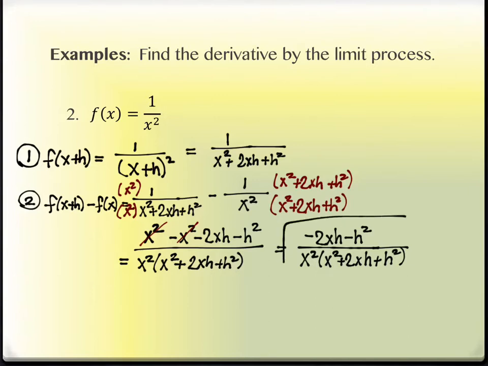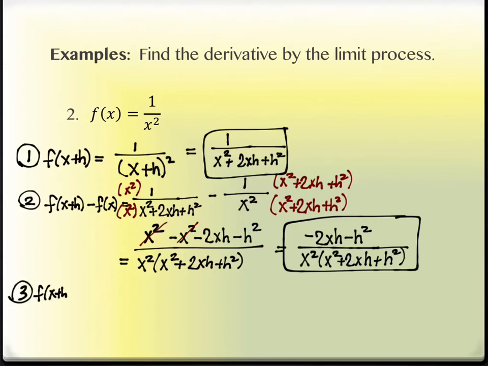So here's where we are at this point compared to here from step 1. Step 3 is to take the f of x plus h minus f of x, that is step 2, and divide it by h. So I want to take this expression and divide it by h. Dividing it by h is equivalent to simply putting an h in the denominator as a factor. Right? I don't want to write this thing and then put a big division sign and put an h on the bottom. That's going to look horrible.